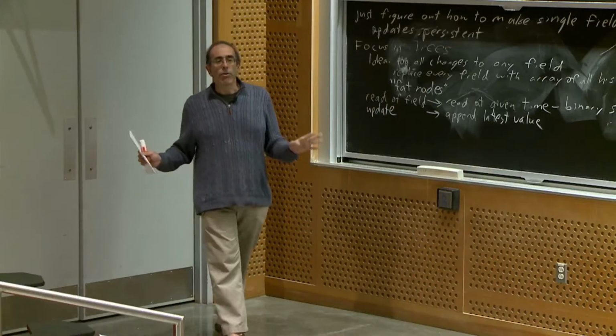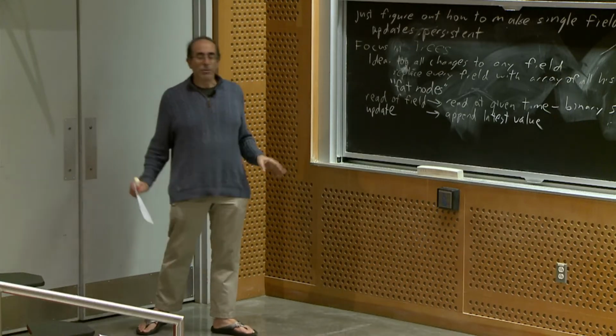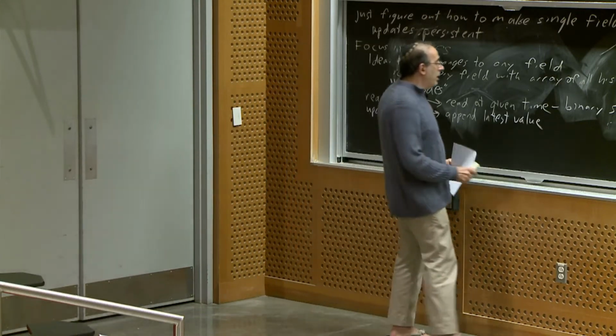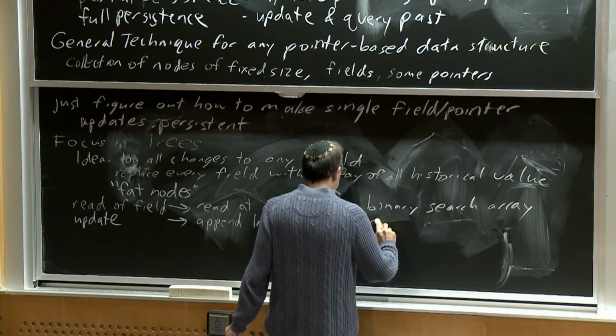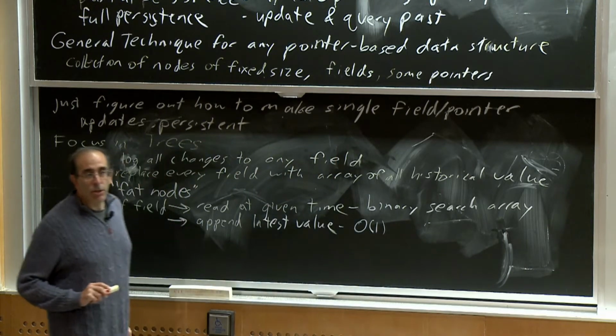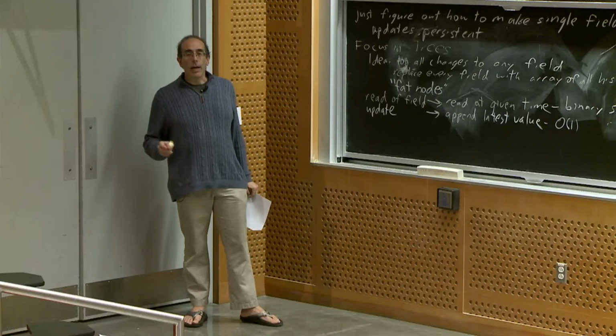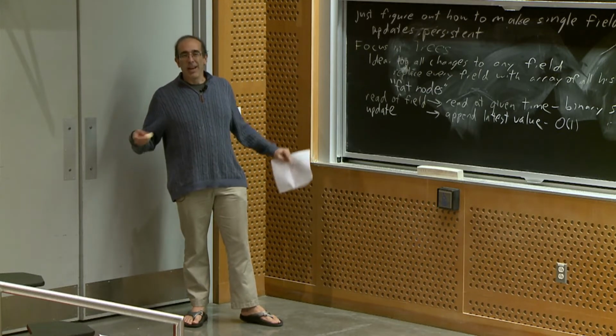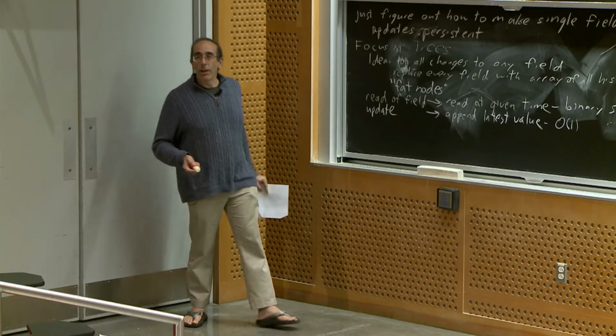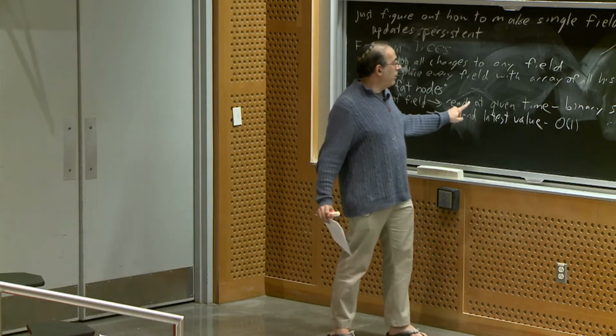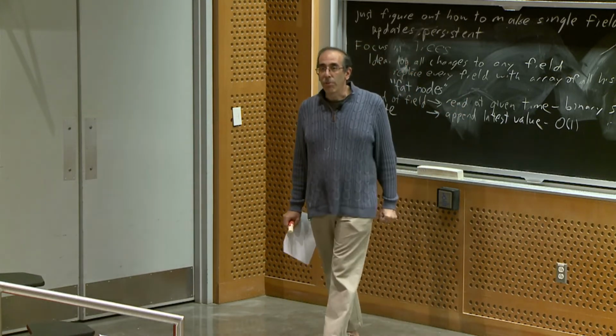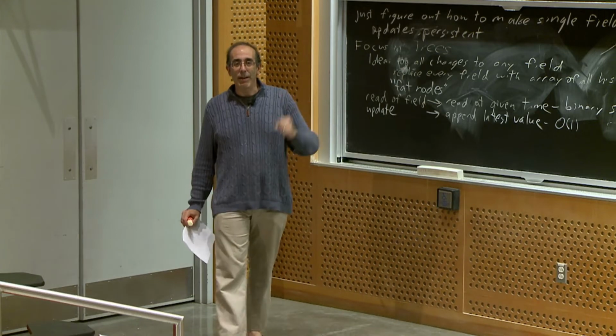That's all covered, so we're not going to worry about that update cost. The append is very straightforward. It just costs me order one time to add the new value, and so that's no different from the normal way of working with the data structure. But what happens with the reads? Previously, I would just look at a field, and I would have the value.